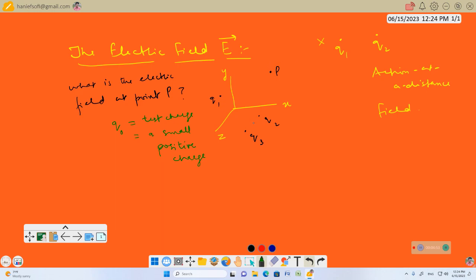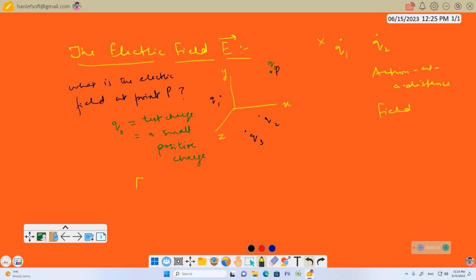Now Q1, Q2, Q3 are the sources of the electric field at point P, so they are sometimes called source charges. Now we are interested in finding the electric field at point P. So we take test charge Q naught and place it at this very point P. When we place this test charge Q naught at point P, this test charge will experience force.